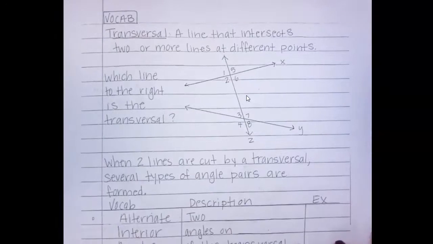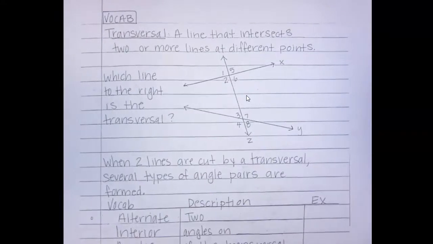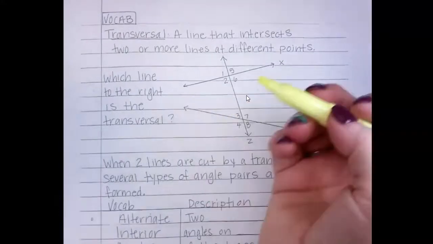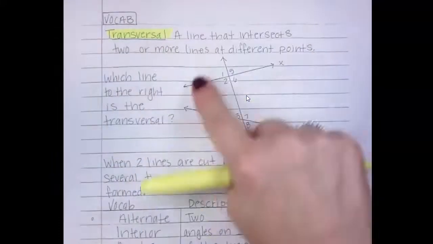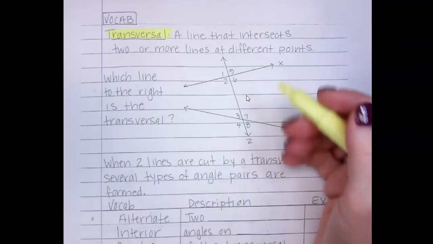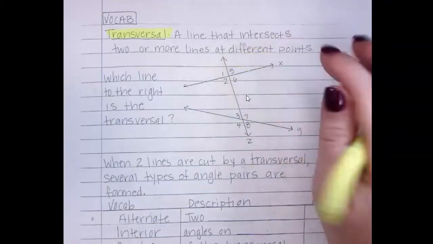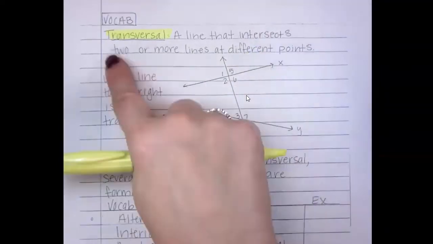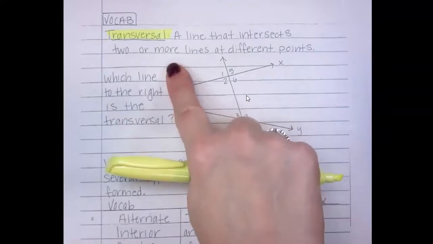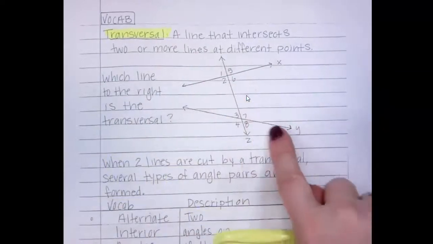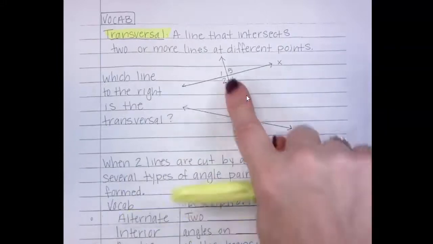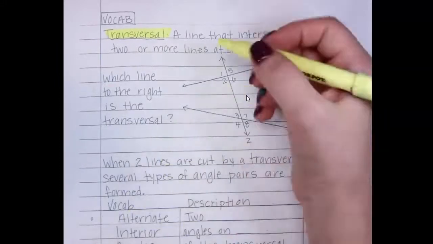So what is a transversal? Well, a transversal is a line that intersects two or more other lines. Okay, so in this situation, our transversal has to intersect two or more lines. Well, this line only intersects one line, and this line only intersects one line, but this line intersects two.